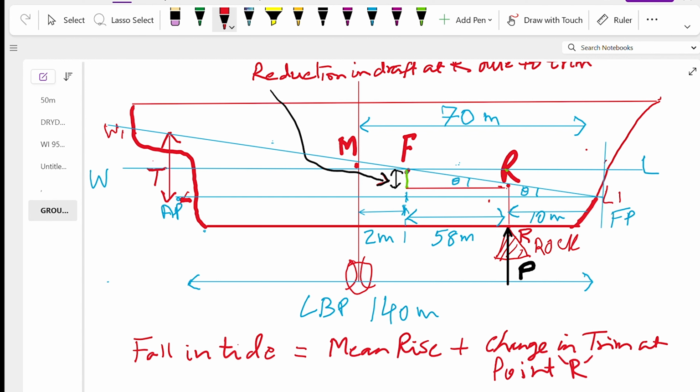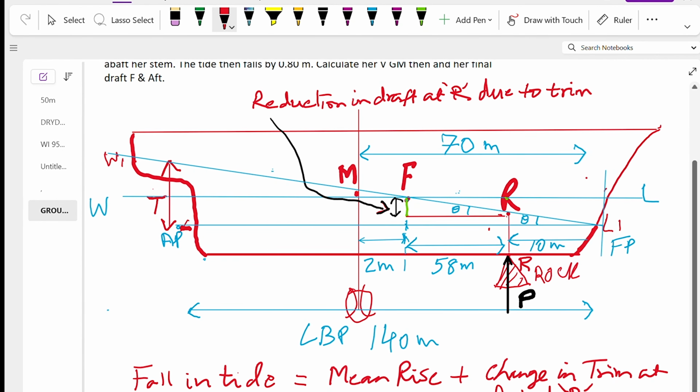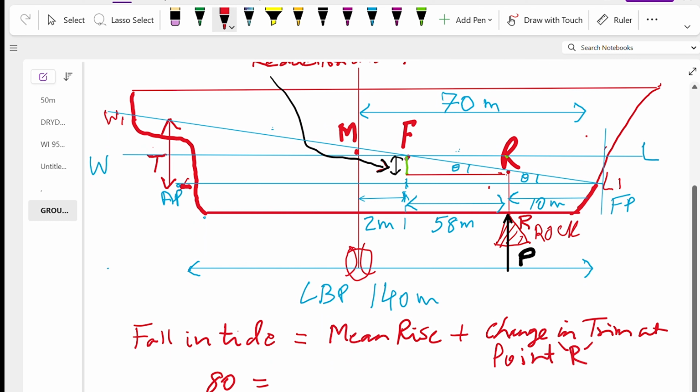So mean rise, fall in tide given in the question is 80 centimeters. Tide falls by 0.80 meter. Mean rise is always weight discharged P tons upon TPC.